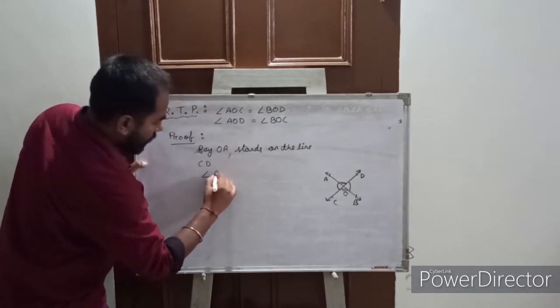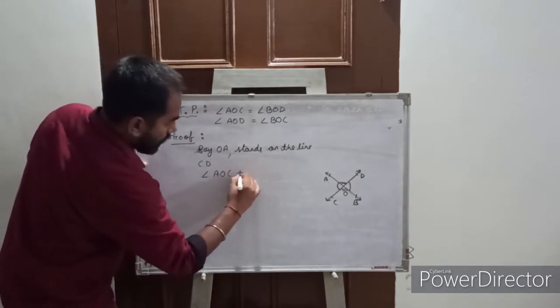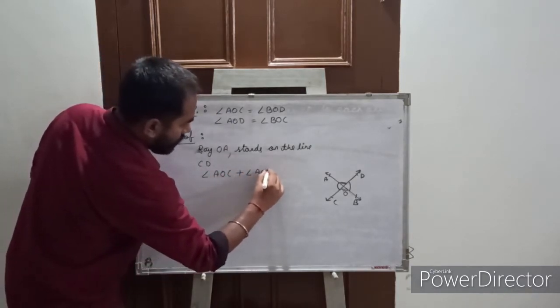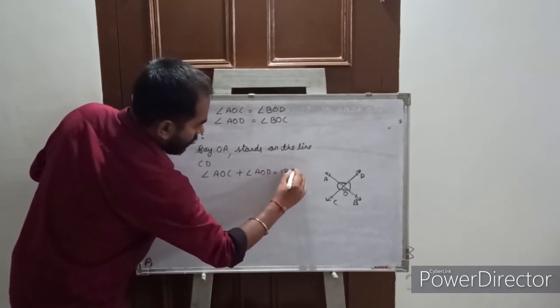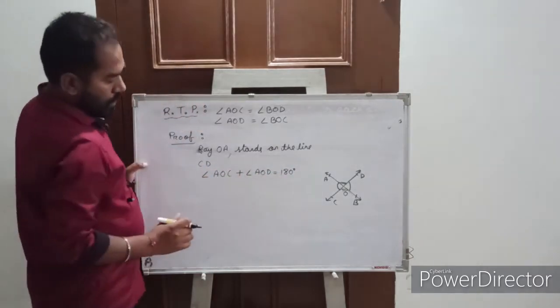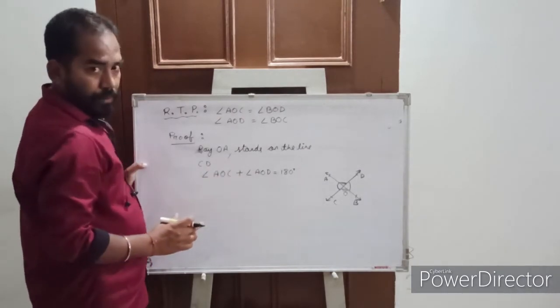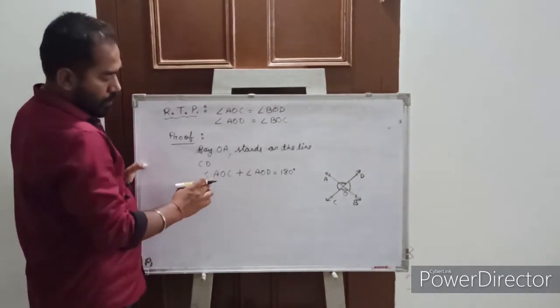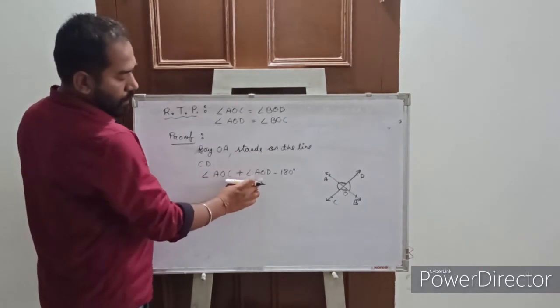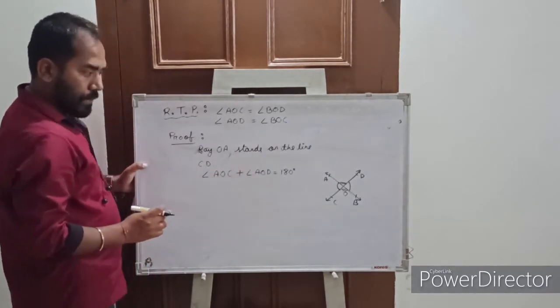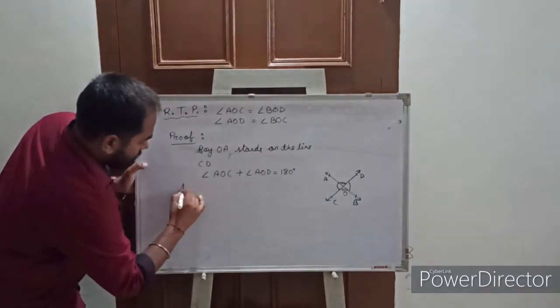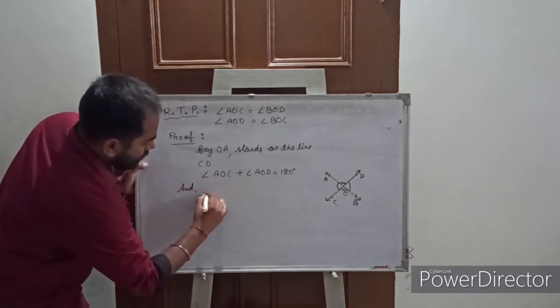That is, angle AOC and angle AOD. We know that the sum of these angles is 180 degrees. That means linear pairs are always supplementary. So we can write here AOC plus AOD equal to 180 degrees.